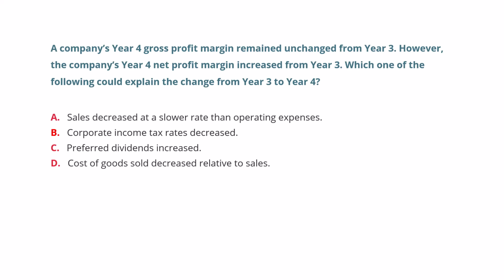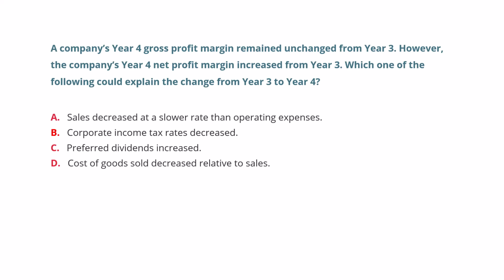Among options A, B, C and D, the only item that refers to operating expenses is the corporate income tax rate decreased, because preferred dividends are a transaction between the company and its investors, not an operating transaction.